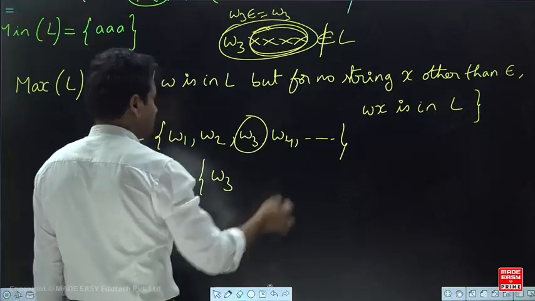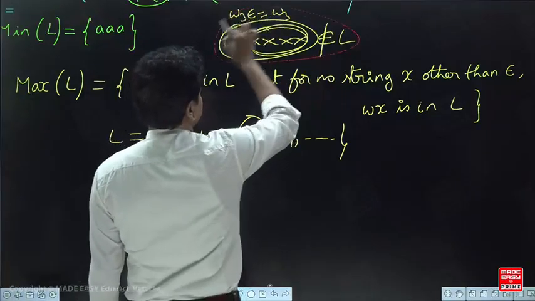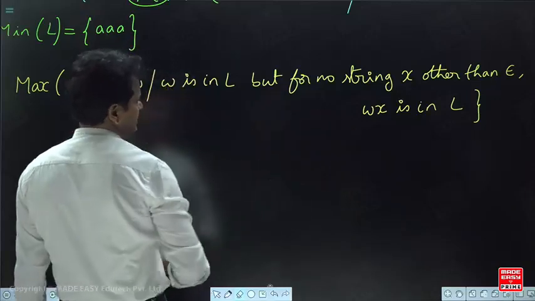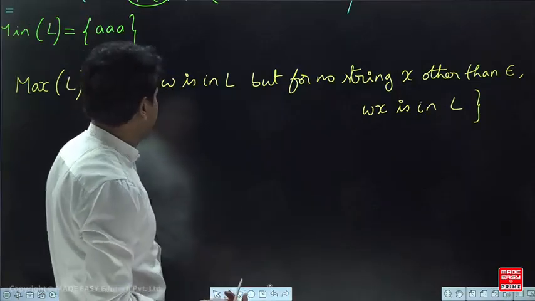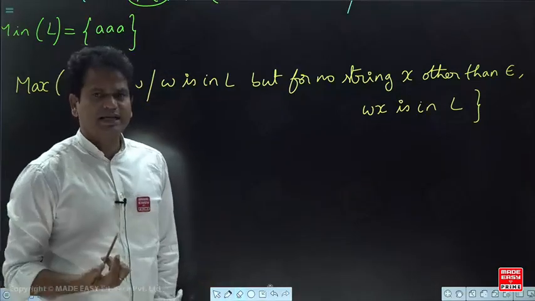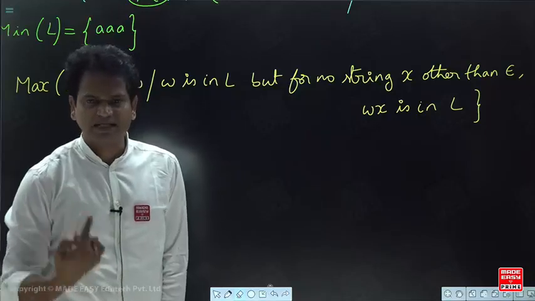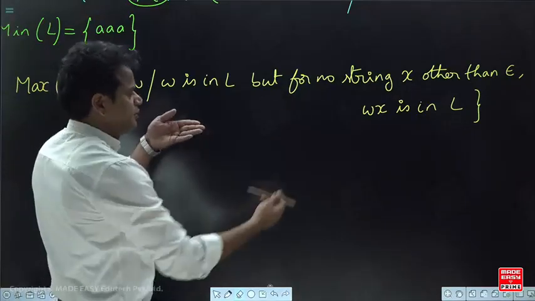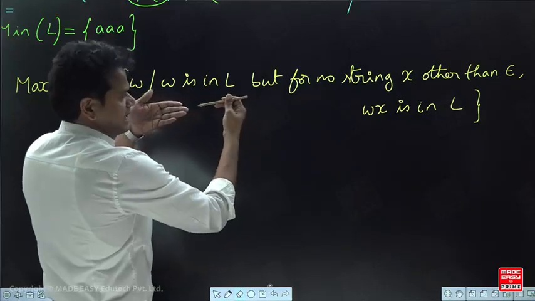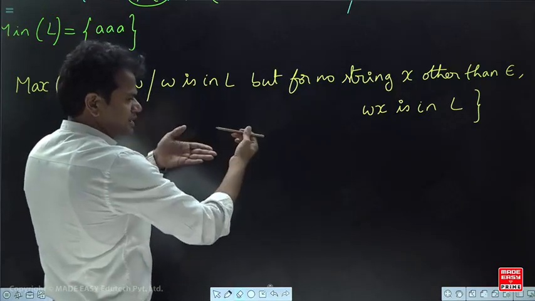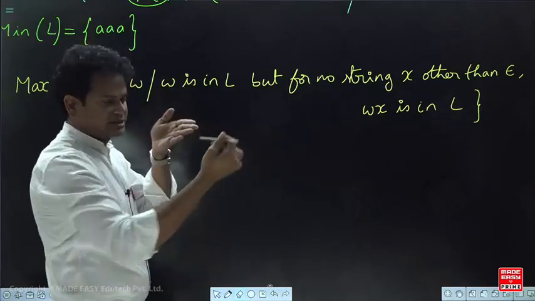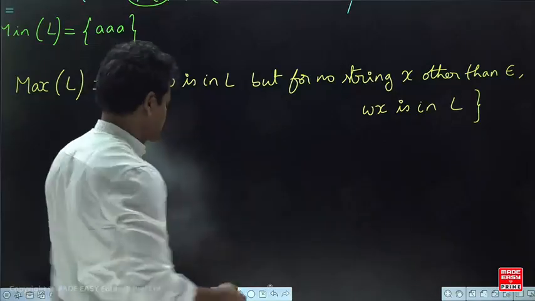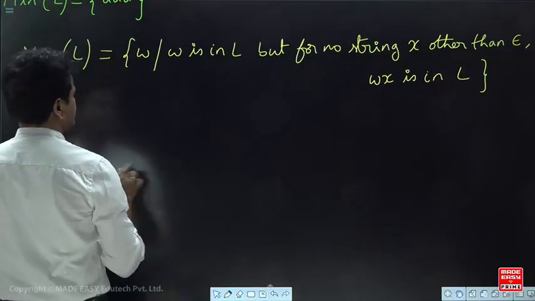With an example I will explain, you will understand clearly. So I'll give you the definition again: we take W in maximum of L such that for W, whatever string you attach, that new string should not be present in the language. So see the example.